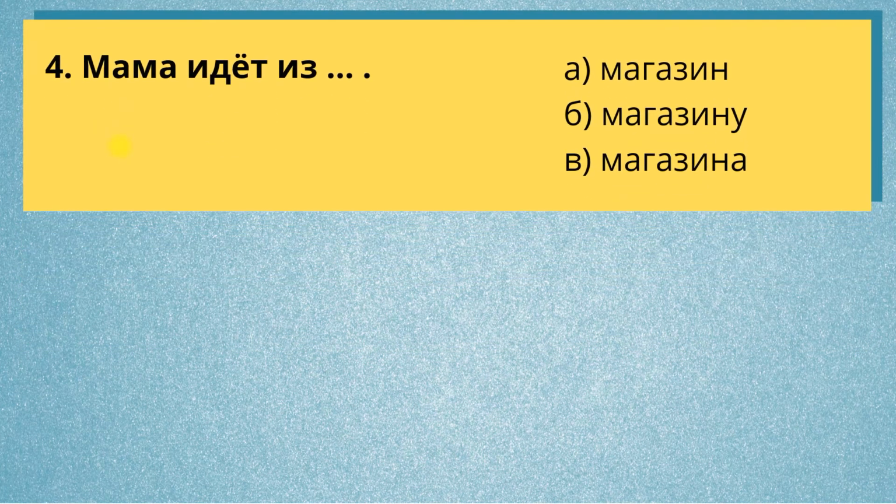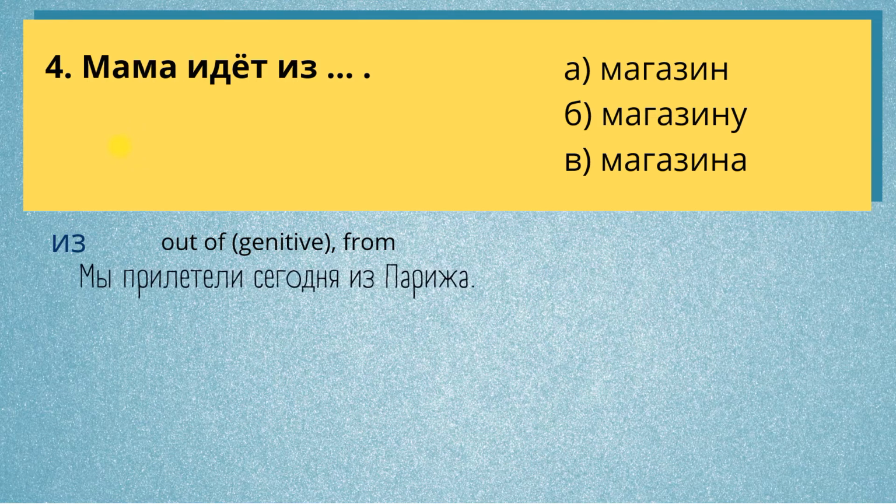This one can be easy because из is quite obvious. It's always genitive case and means from or out of. Мы прилетели сегодня из Парижа.